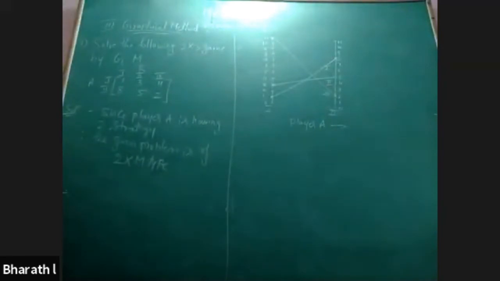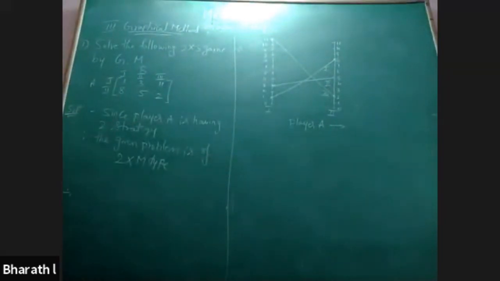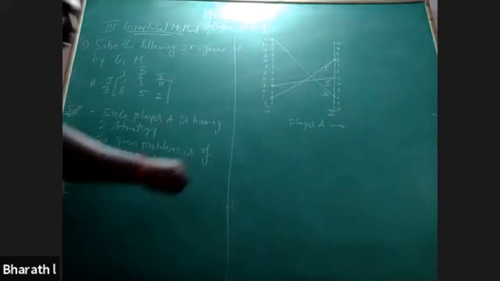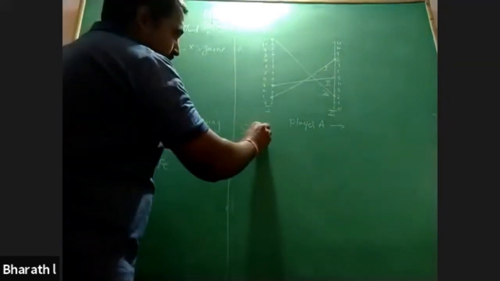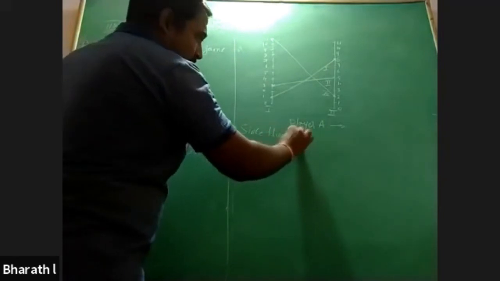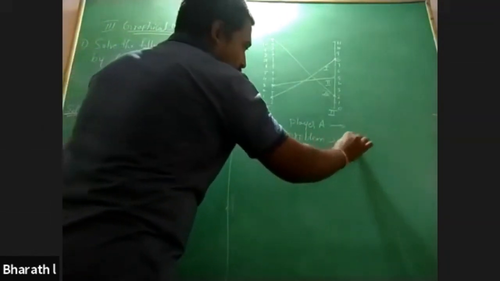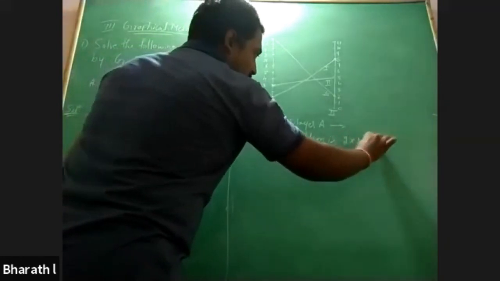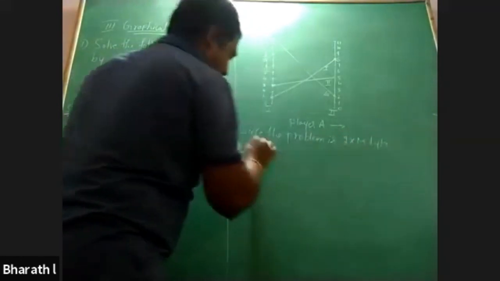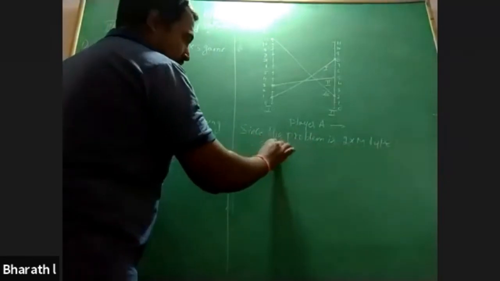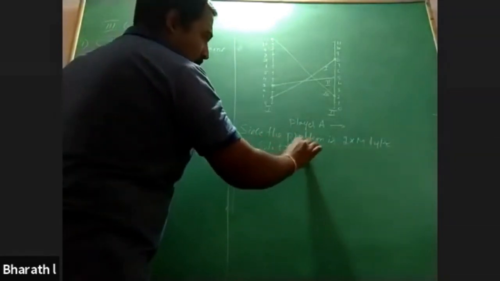After locating all the strategies on the graph sheet, since the problem is 2 cross M type, select the lower boundary.